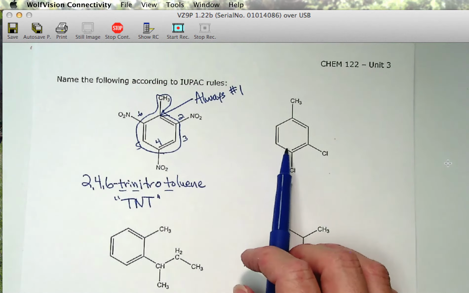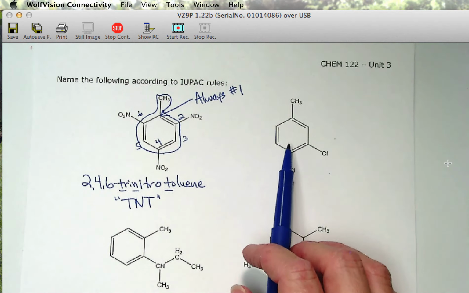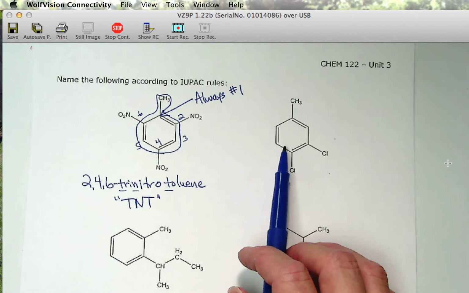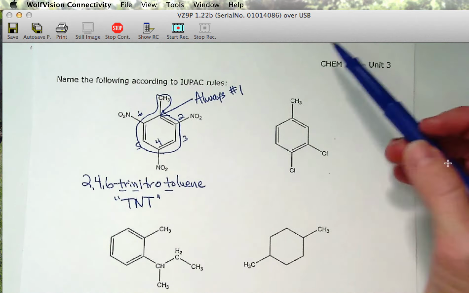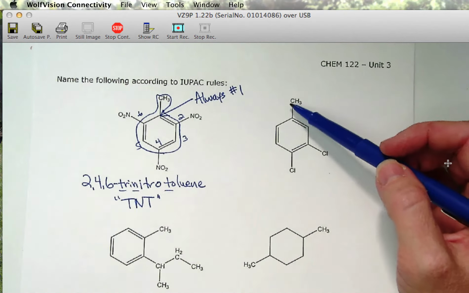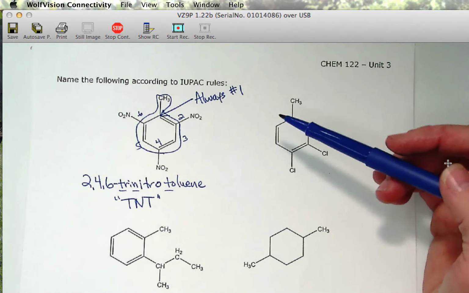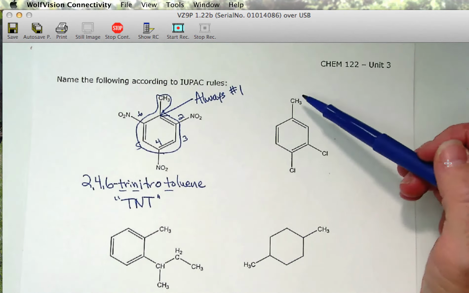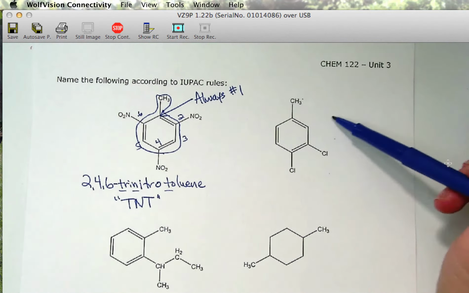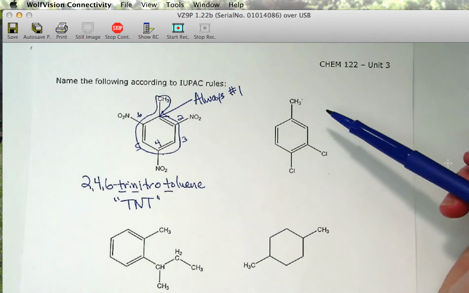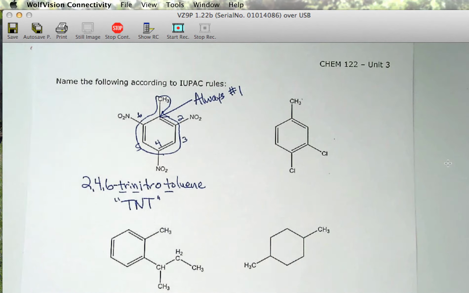Now this structure here, what do you see as the parent? I've heard meta. I'm glad you said meta. Toluene is the parent, you're right. Meta cannot be used because how many substituents do I have coming off of here? 3. So you can't use meta if you have more than 2 substituents.